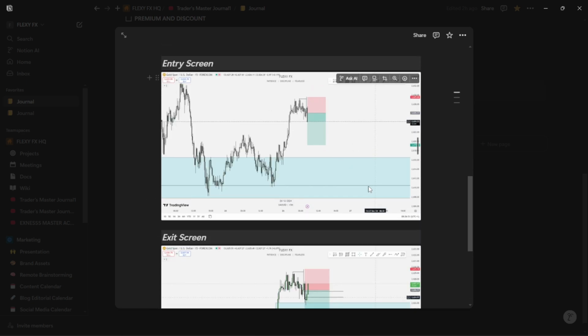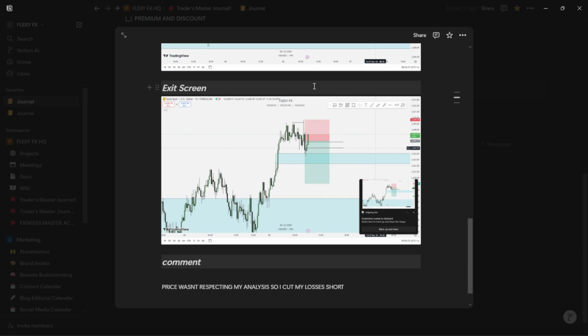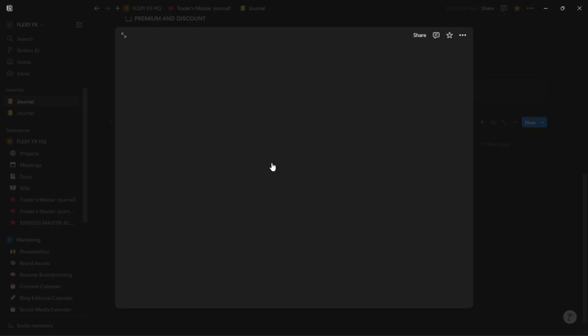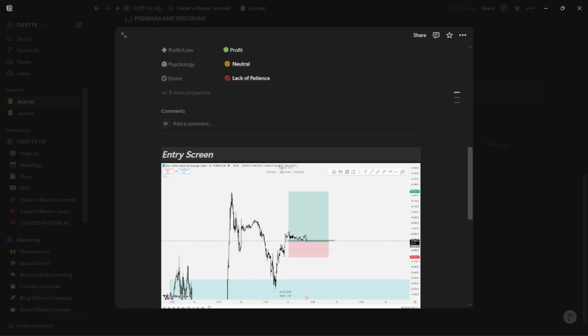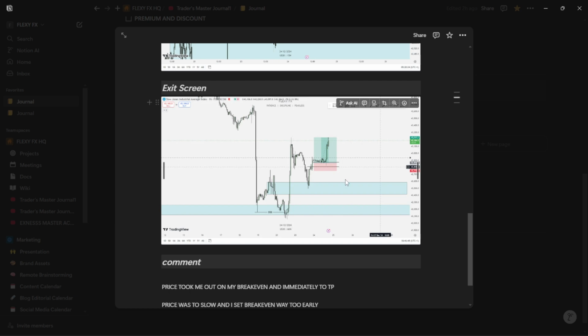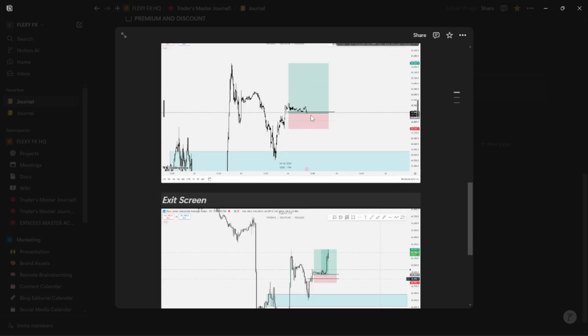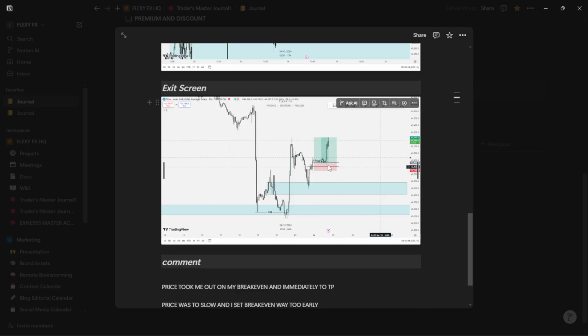You can see it was going perfectly fine, then immediately price reversed, but I had to close because I don't like that pullback. Now this was a trade I took on US30 that kicked me out at break even. You can see price took me in and then took me out, then boom, break even before expanding to my take profit.